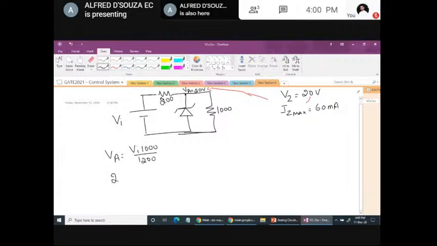VA required is 20, so VI into 1000 by 1200 equals 20. So VI should be at least 24 volt. So minimum VI required is 24 volt.